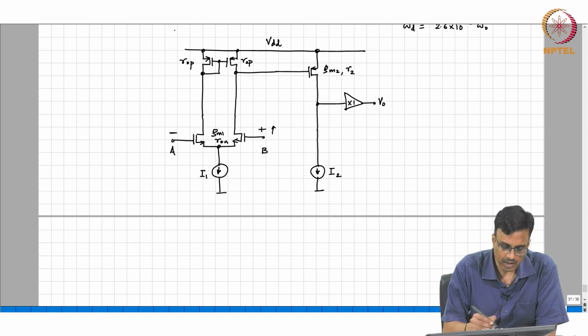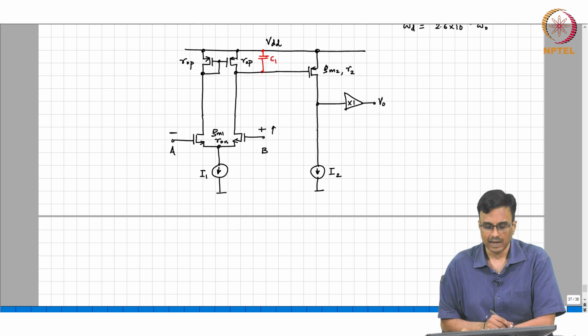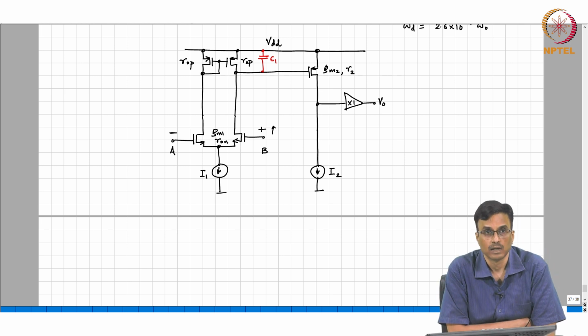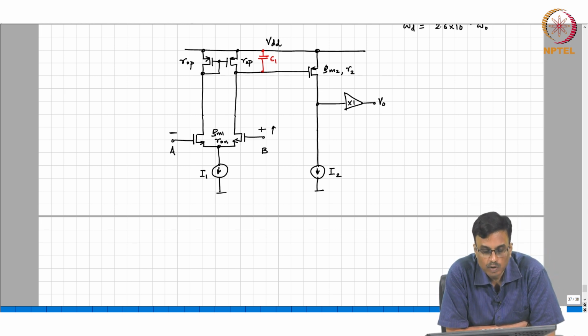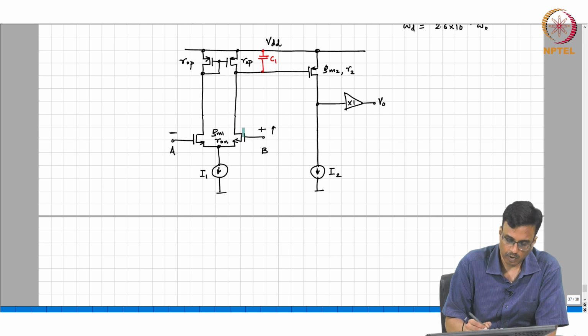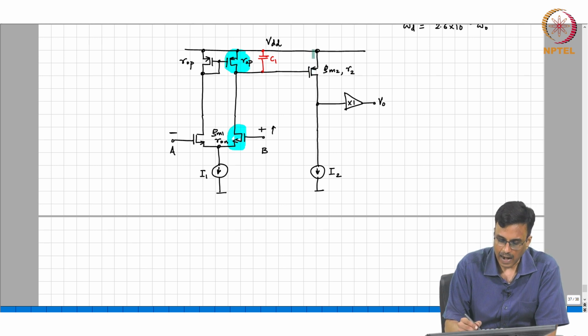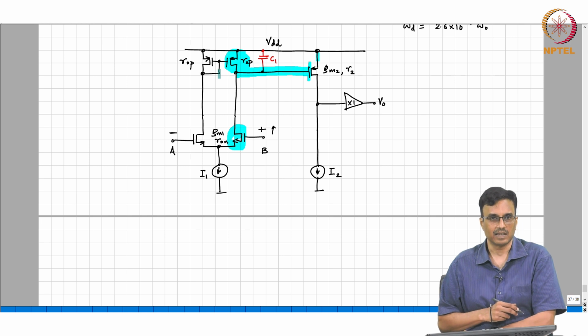But remember that we said that every node is associated with some parasitic. So, I am going to call this C1, right, and what all parasitics does C1 include? The drain parasitic of the input NMOS transistor, the drain parasitic of that PMOS transistor, and the gate parasitic of the second stage.